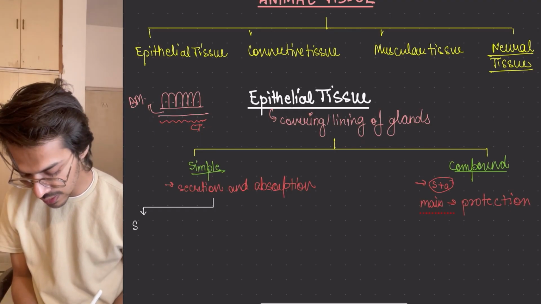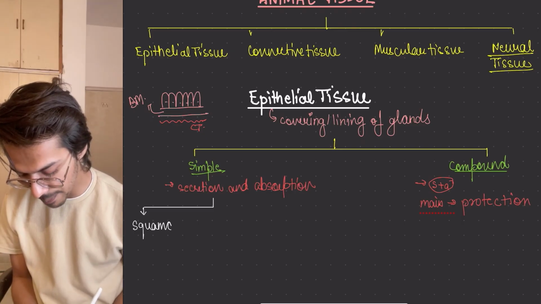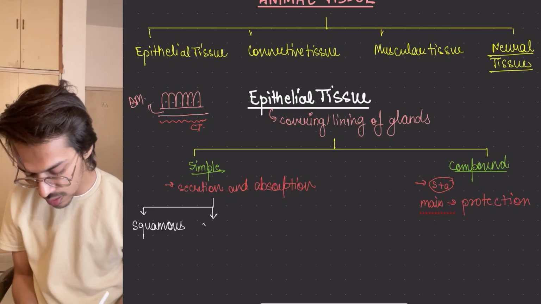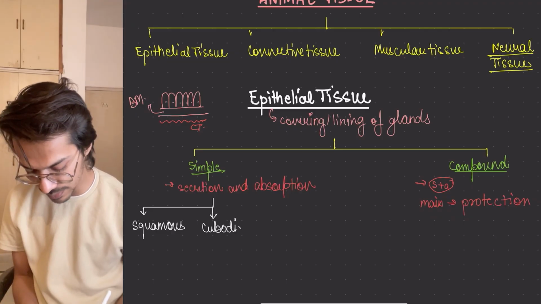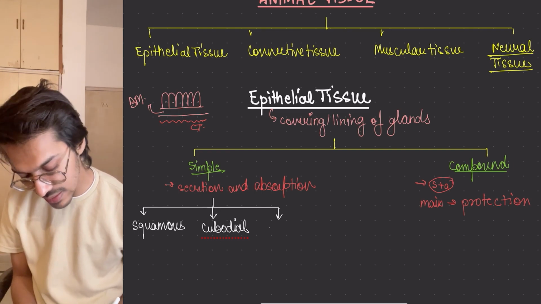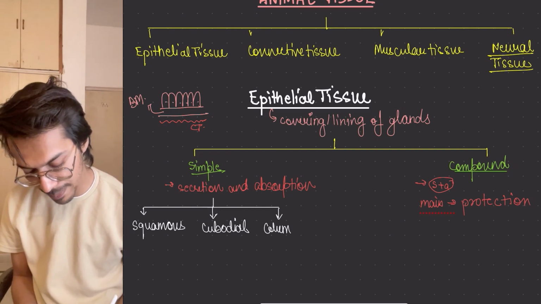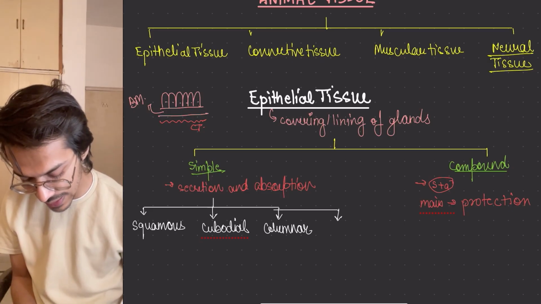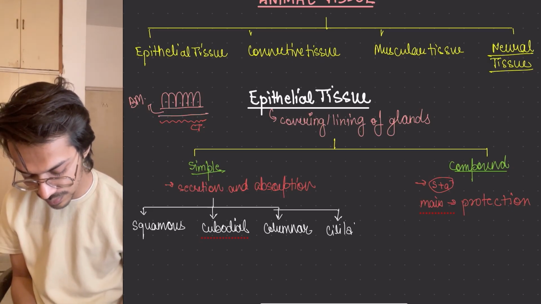The first is the simple squamous epithelium. Next is the simple cuboidal epithelium. I'm not writing completely, I'm just writing the major names. Then the next one is simple columnar epithelium. Then simple ciliated epithelium.